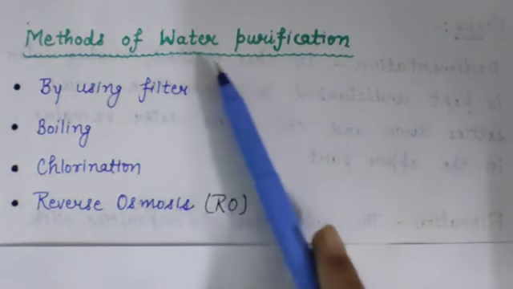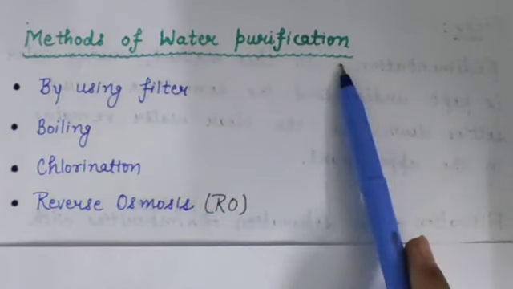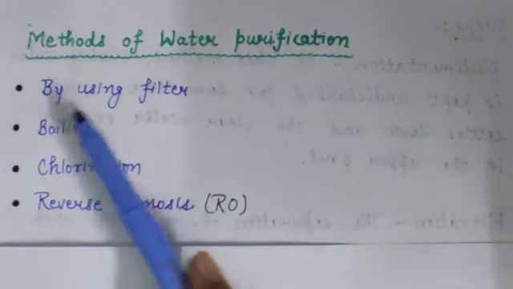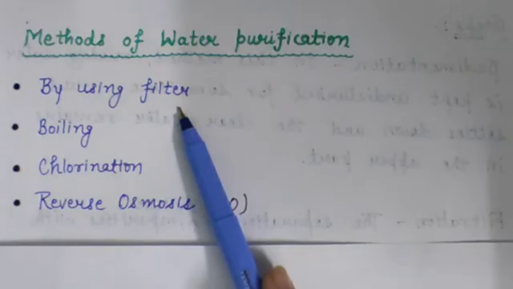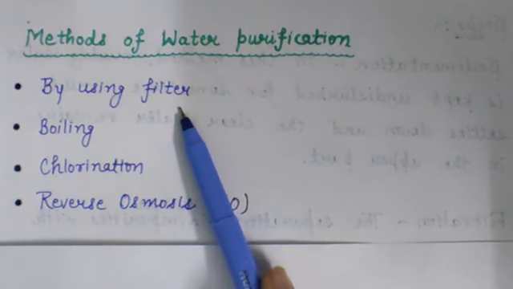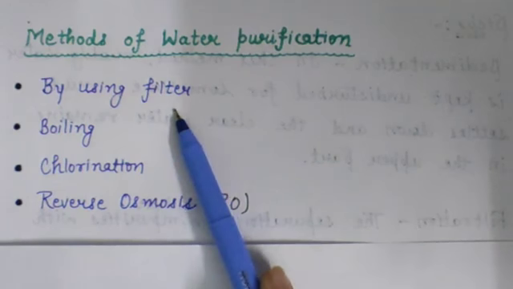The first method of water purification is by using a filter. We know that a filter is commonly used in our homes, and it is a physical method to remove impurities. And how does a filter remove impurities?